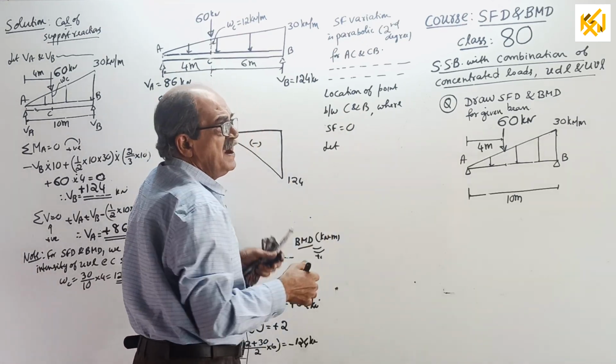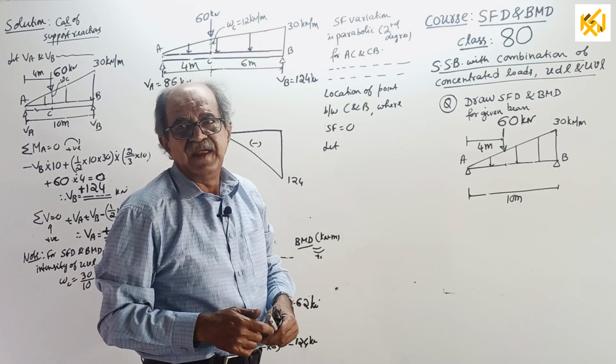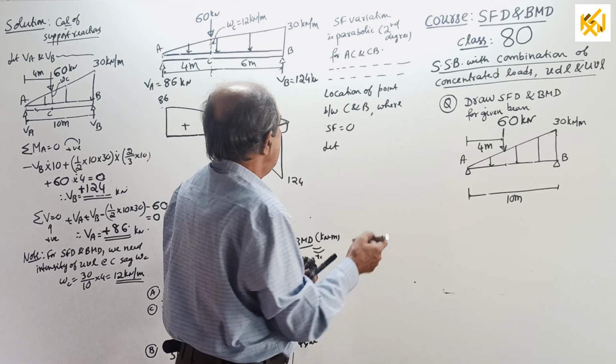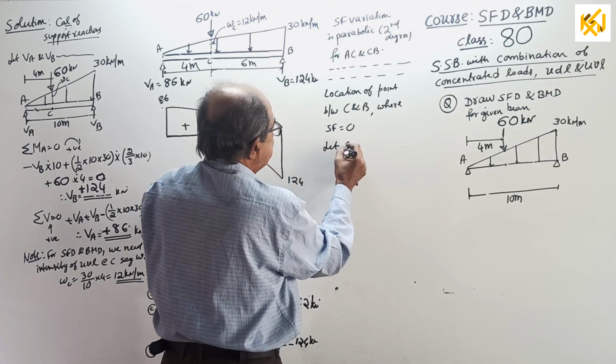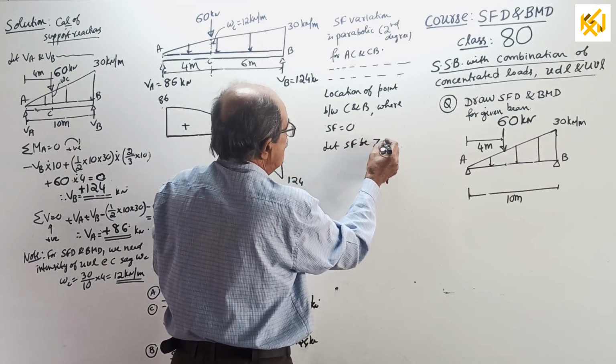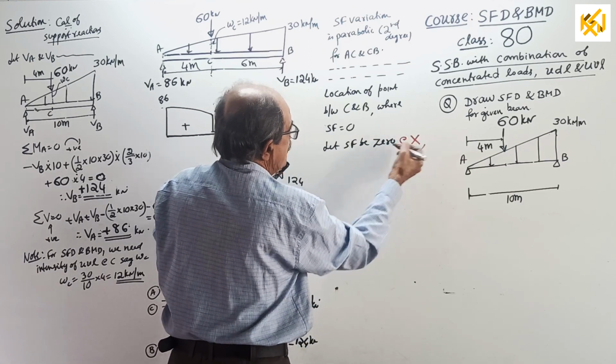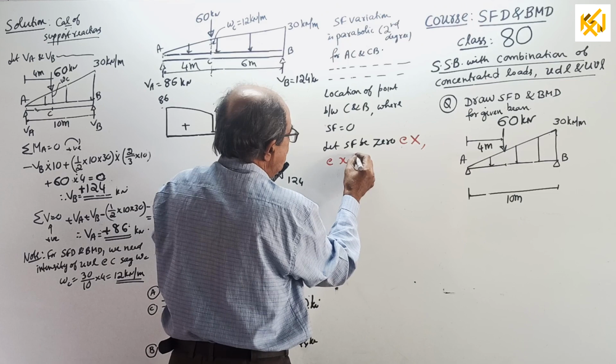Why you had to locate this, I told you: write the statement, that is the point where bending moment is going to be maximum, all the same statement. Let shear force be 0 at a point x. At x from where?